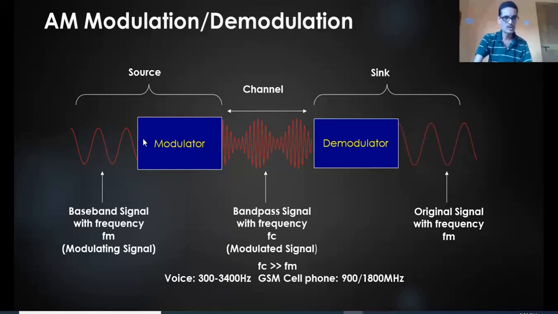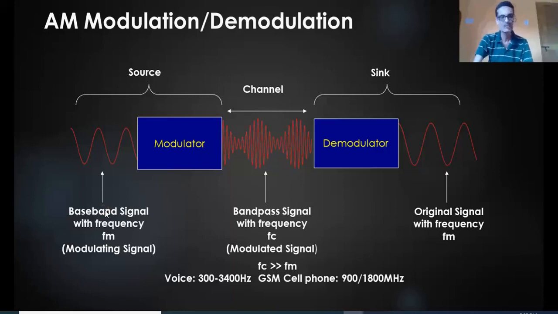This original signal is represented as a cosine wave, with a frequency of, say, fm. It's a message signal, or a baseband signal, or a low pass signal. I call it a low pass signal because all message signals are low frequency signals.